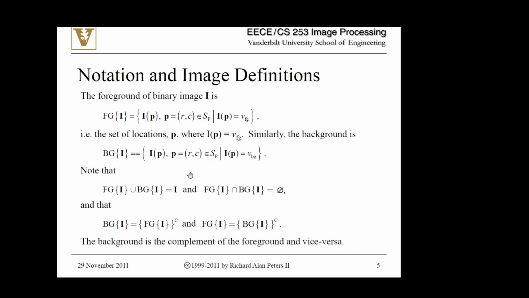With respect to the set I, there is a whole set that is I, the set of all pixels, and in that set the complement of the foreground is the background. So we are thinking of our images in terms of sets.